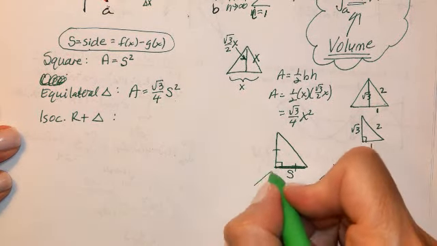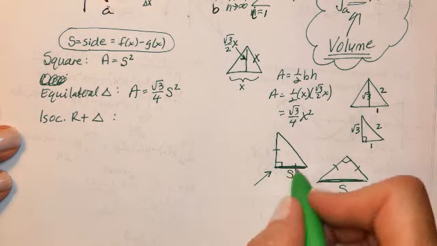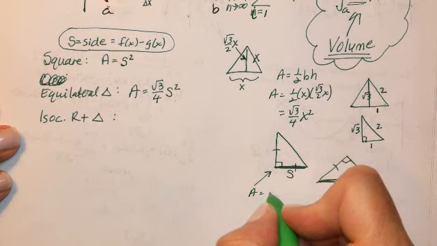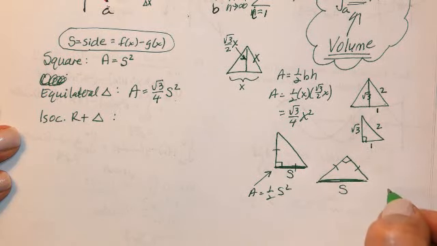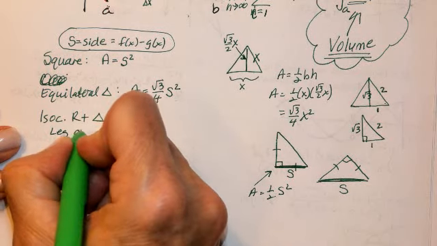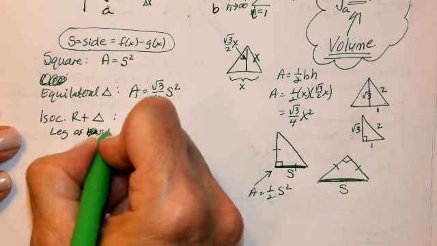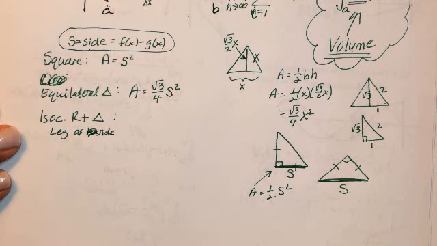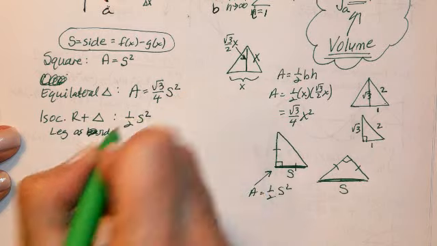In the kind where the leg is on the base, where the leg is S, the area will just be 1/2 base times height, so just 1/2 S squared. So leg as a side, leg on the base, that would be 1/2 S squared.